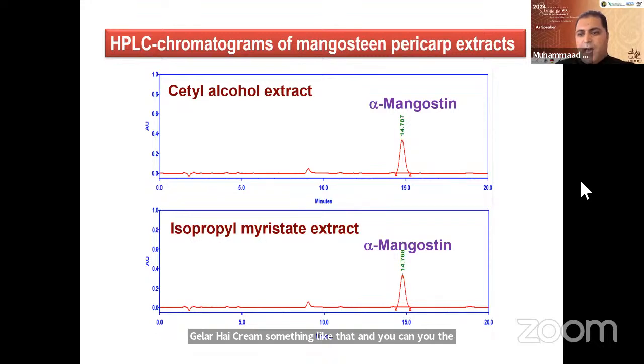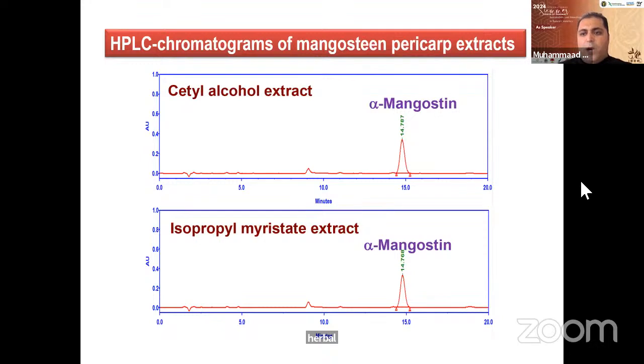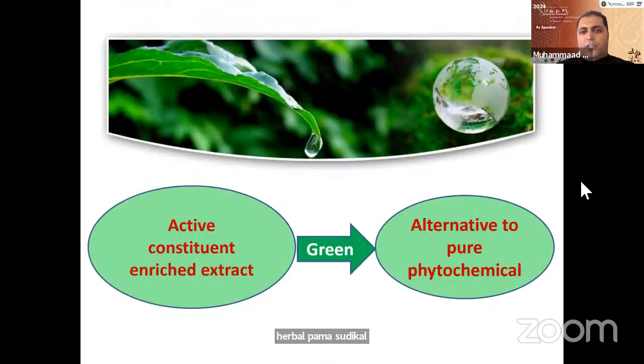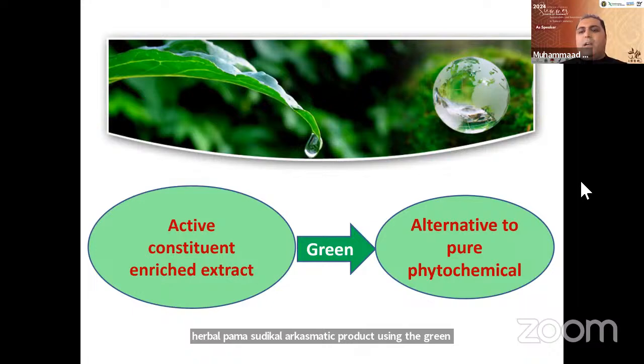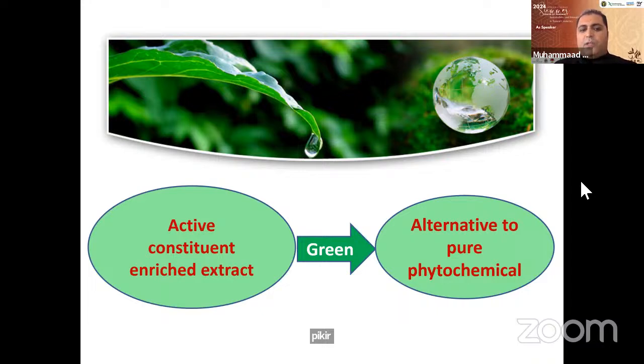Then you can standardize them by using HPLC to know the exact quantity of the active compound. And in this way, you can prepare a standardized herbal, pharmaceutical, or cosmetic product using the green extraction procedure. Now, the second part of my talk is about the preparation of active constituent enriched extract.